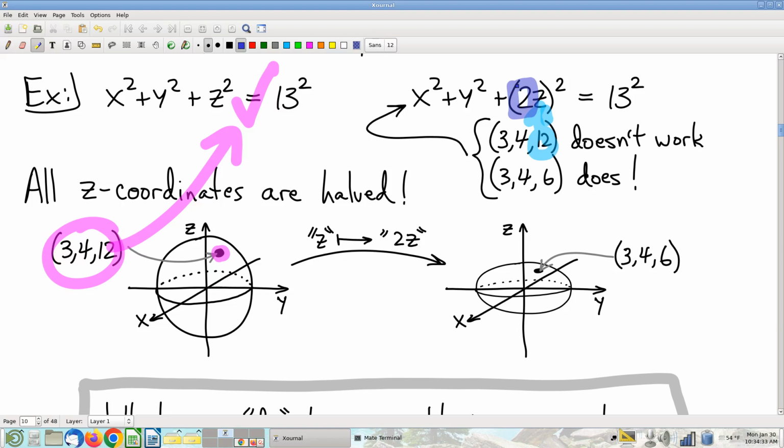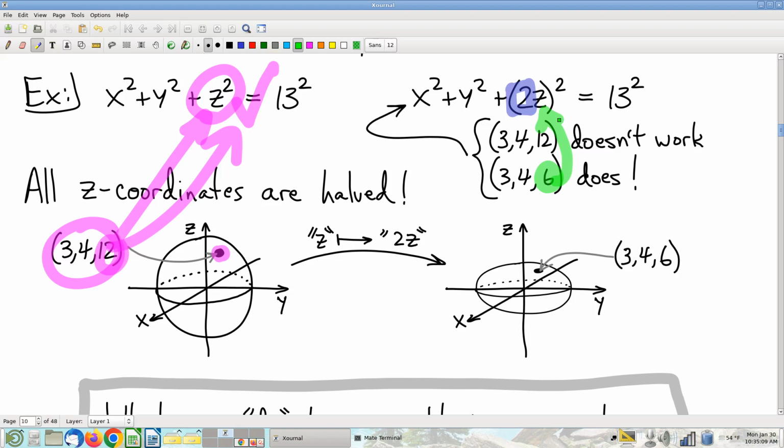So the clever observation is to say, okay, if we are going to be multiplying by 2, and if I know that the 12 going in there and getting squared worked, slick move, if I were to just consider 6 instead of 12, that 6 would go in, get multiplied by 2 and turn into the 12 that we already know works. So this is kind of a smart alecky move, right? But it works. Everybody see what happened there?